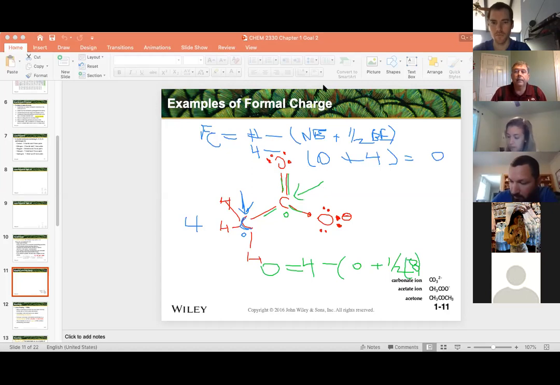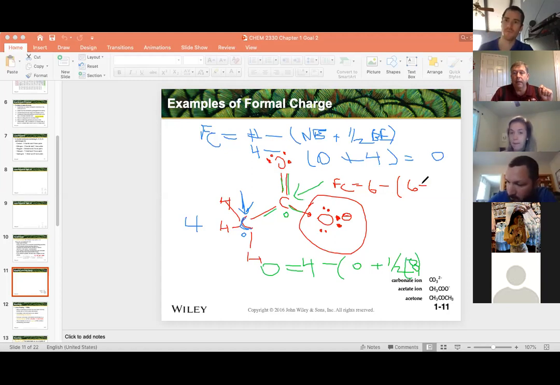Okay, let's now do that oxygen, and I'm going to do it in red now. So we're going to do this one here. Formal charge is equal to the number of valence electrons it brought with it, which is 6 because it's in group A6, right here. Then minus the number of non-bonding electrons, 1, 2, 3, 4, 5, 6, plus 1/2 of the bonding electrons.